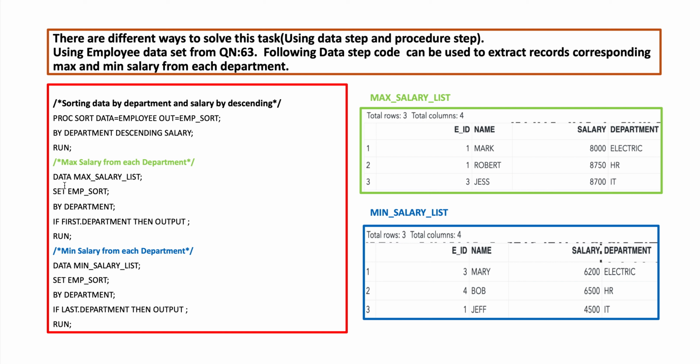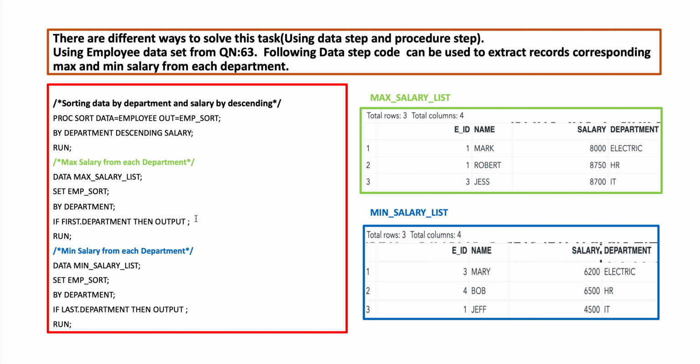Next one is data max_salary_list that displays the maximum salary list from each department. Set emp_sort, that means the sorted data we use, which we have already sorted in the first step. By department. Next one is if first.department then output.